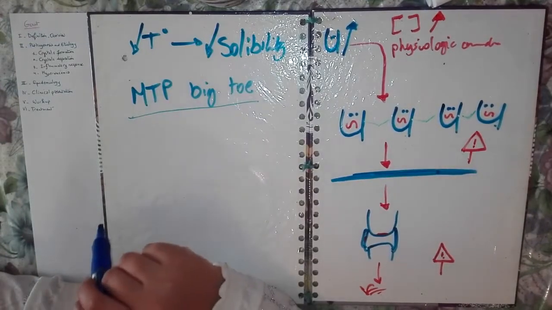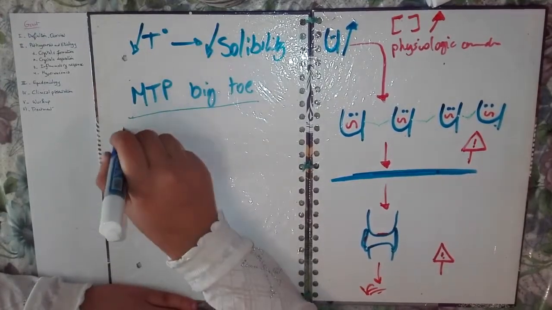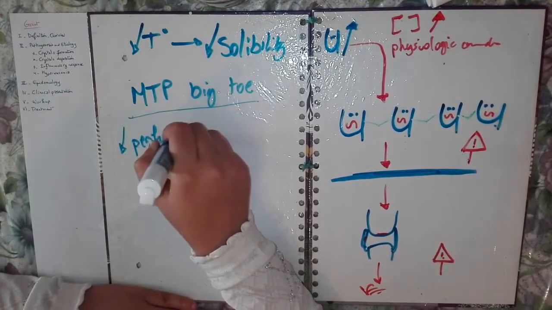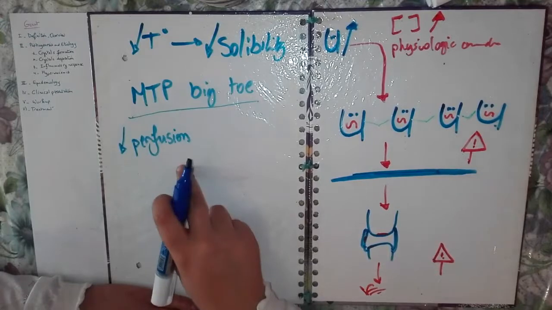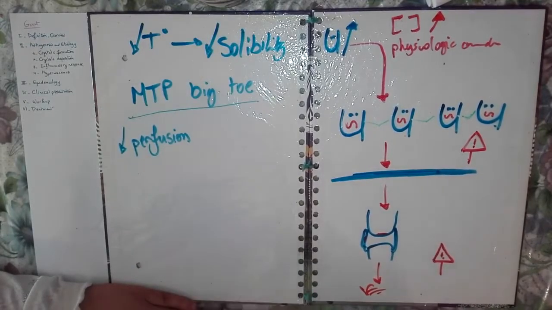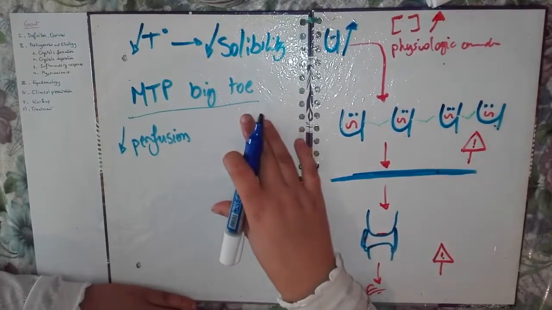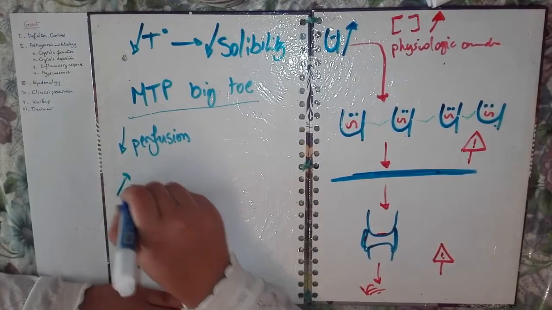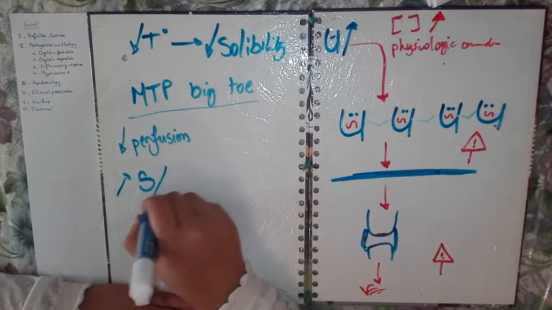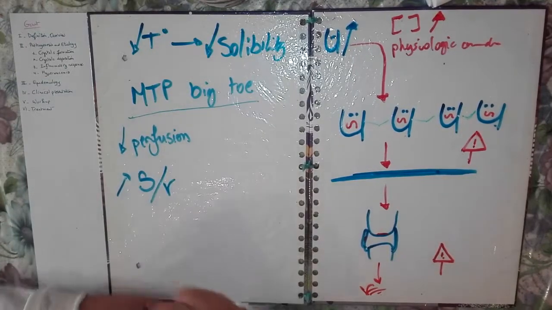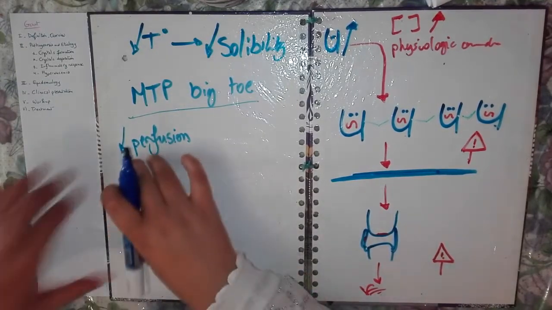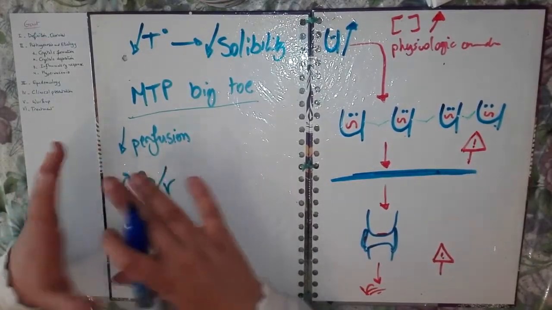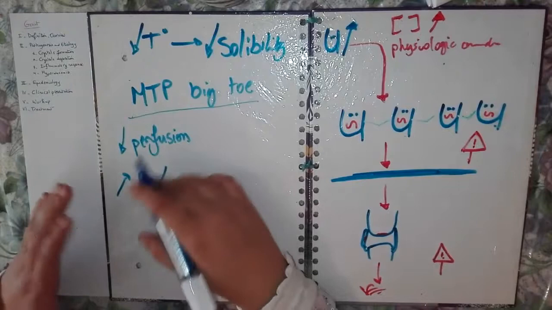This site has low perfusion because it is situated at the farthest point of the circulation, and it has a high surface to blood volume ratio.